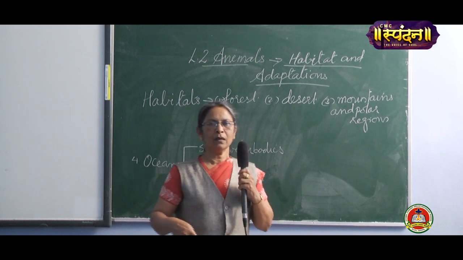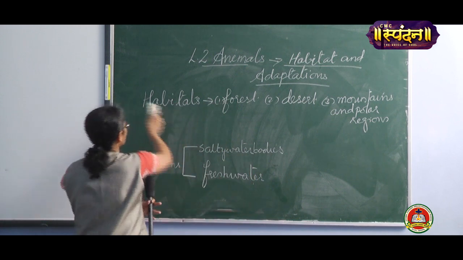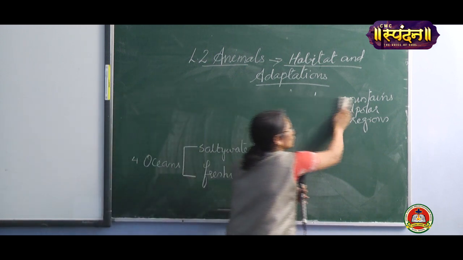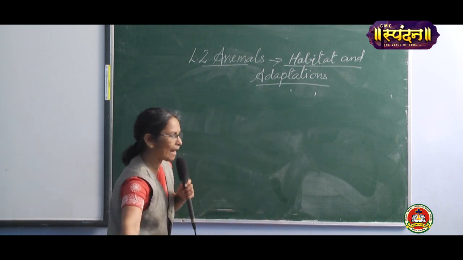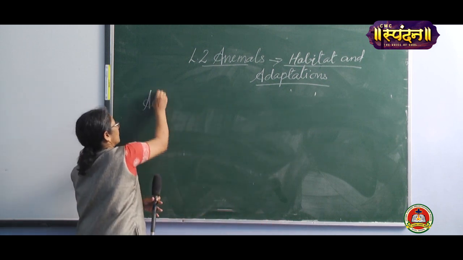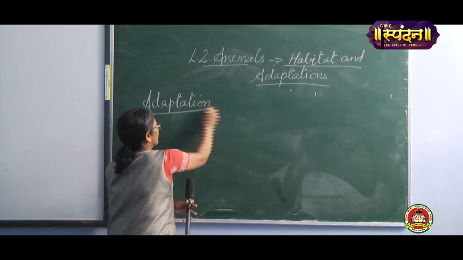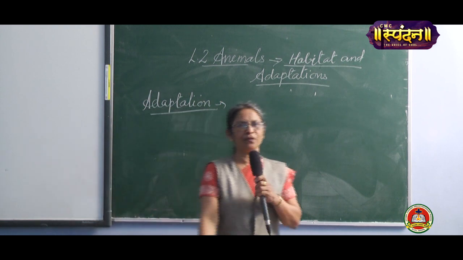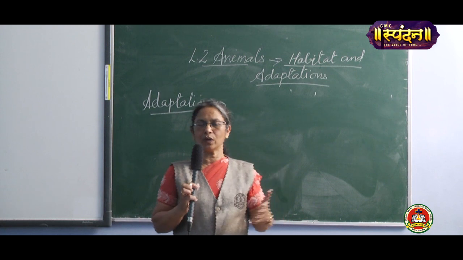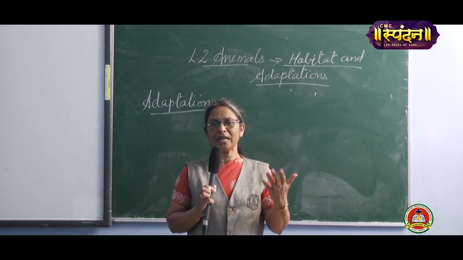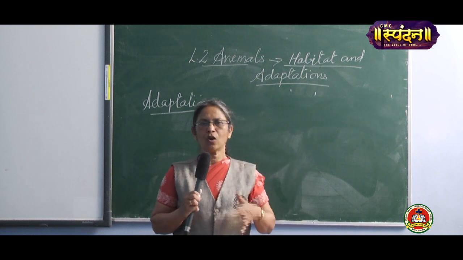Now the next terminology under this chapter is adaptation. Understood, children? Now what is an adaptation? Adaptation is a salient feature with which an animal is able to survive in that particular region, and they have got some specialities in their bodies, maybe their organs or movement or breathing habits.